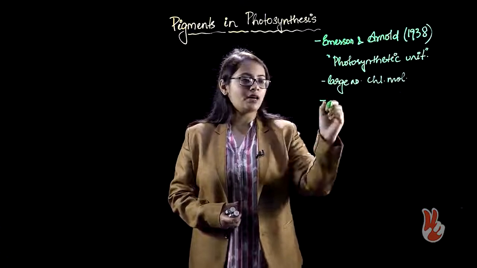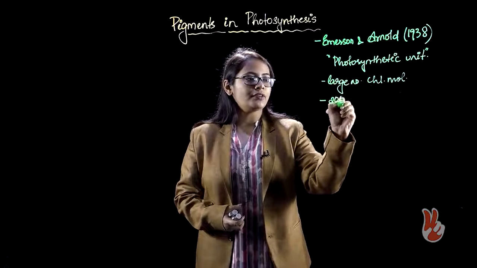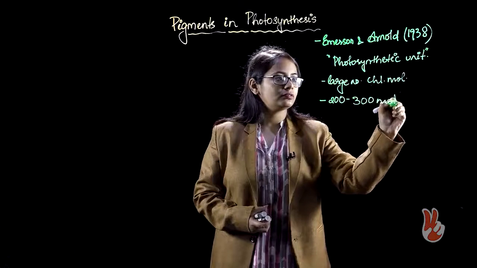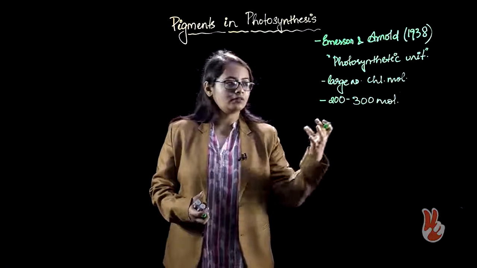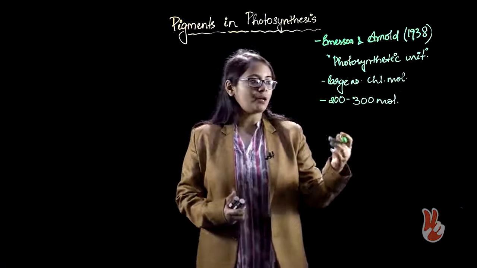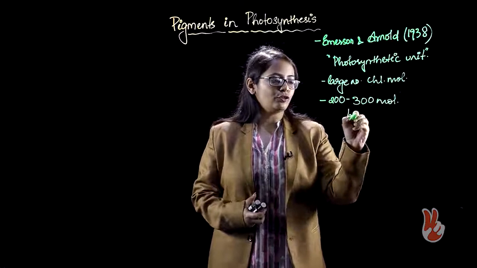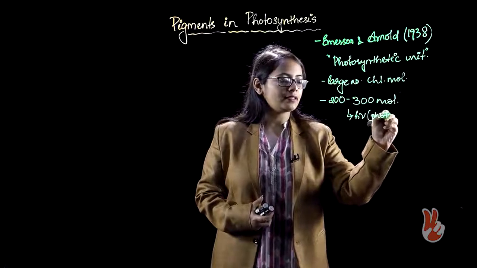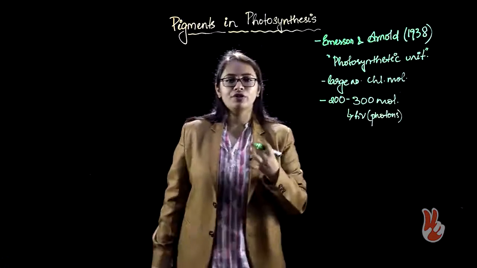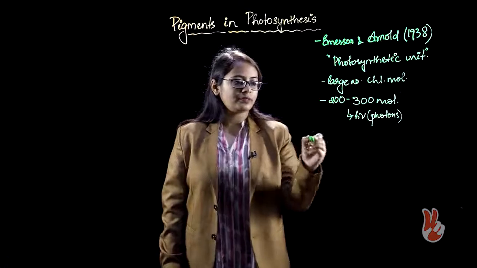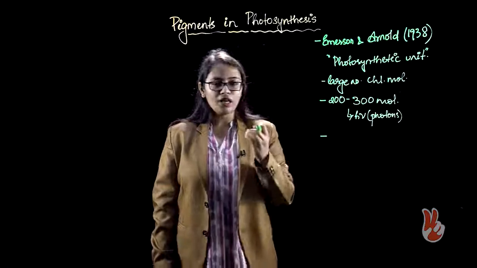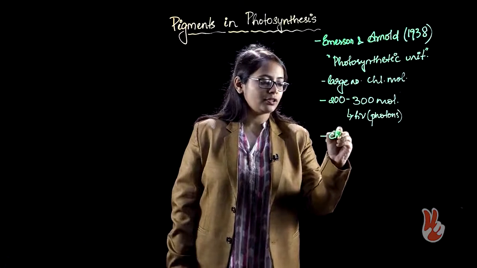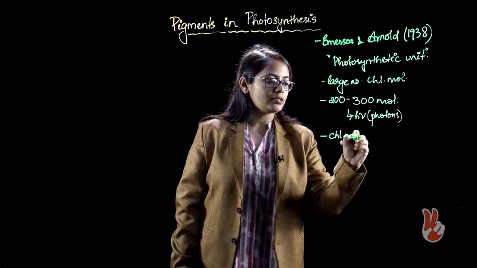They found that about 200 to 300 molecules of chlorophyll were actually involved in absorbing the photons, or the energy packets, that run the light reaction. The photosynthetic unit mainly consists of chlorophyll molecules.